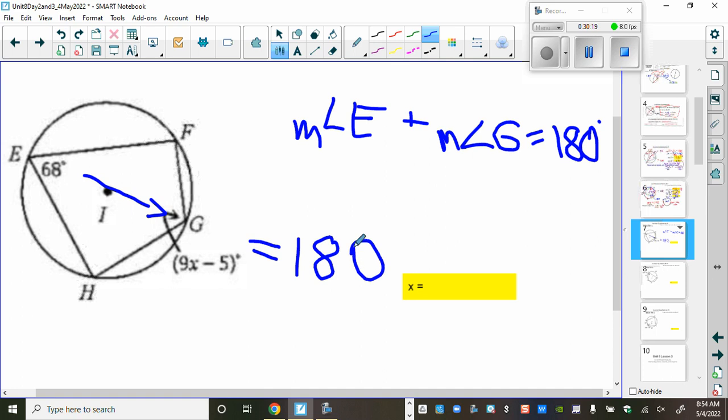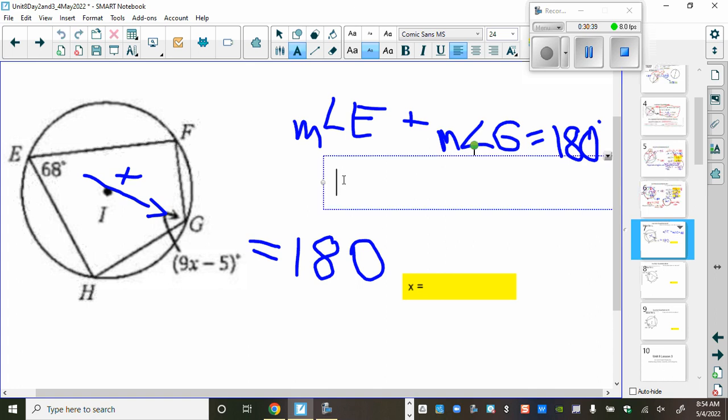Who could tell us really quick what's our setup for our equation going to be? We do our equation. What's our setup? Get the setup, and then we'll go from there. Angle E was how many degrees? 68. It's going to be 68. Okay.